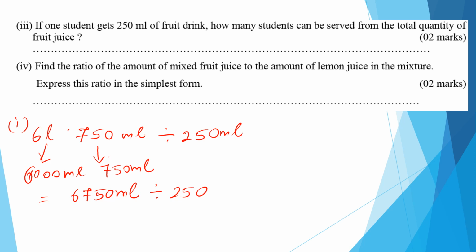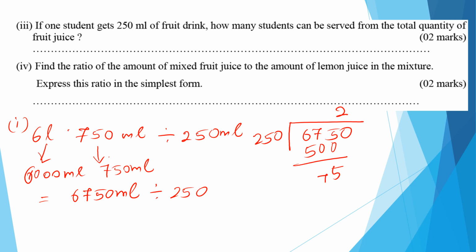You can go to the long division method. You can do it like this: 6750 divided by 250. For 675, you get 2 of 250s. Here 2 into 250 means that is 500, and then you subtract: 5 minus 0 is 5, 7 minus 0 is 7, and 6 minus 5 is 1.